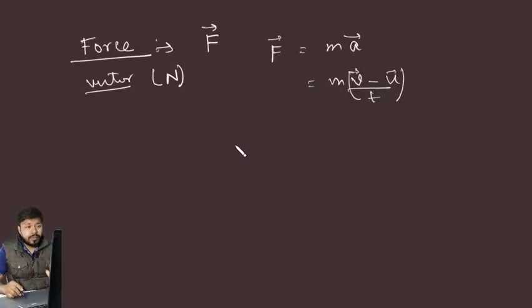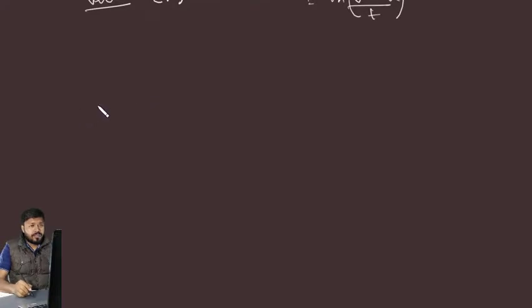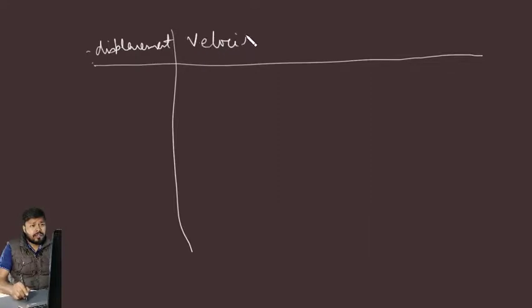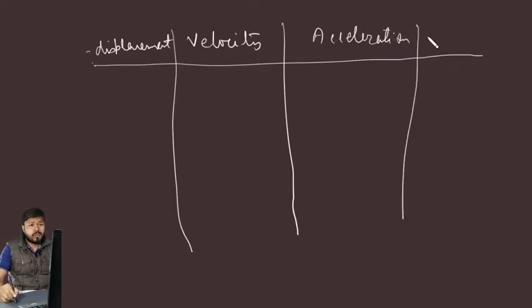Now I will make a table to represent the relationship between these quantities. Here: distance or displacement, velocity, acceleration, and force.